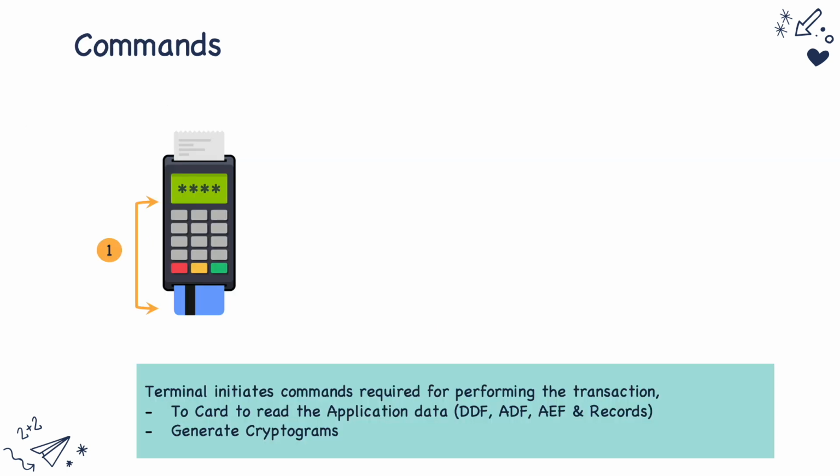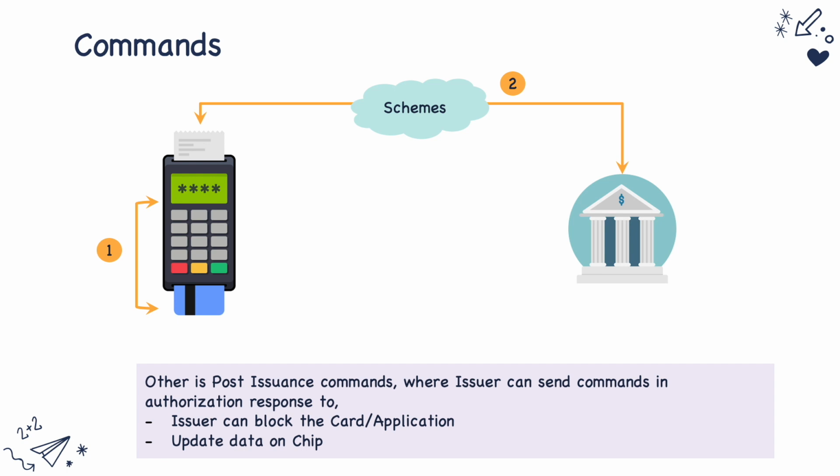The standard set of commands is where the terminal initiates to perform a particular transaction. As I mentioned, it could be to read the application data, or to generate and verify cryptograms, or generate and verify PINs. The second variant of commands is called post issuance commands, where the issuers can update the data that is present on the chip.